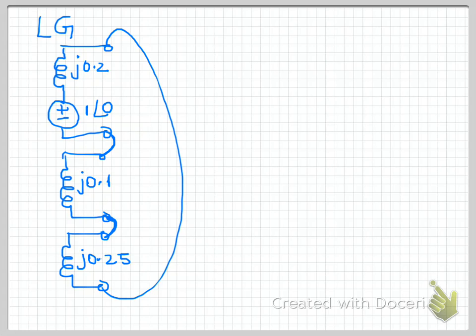Now let's mark the current. The current flowing here is IA positive. The current flowing here is IA negative. And in this case, it is IA 0, right? So what you can say is that all three of them are the same.